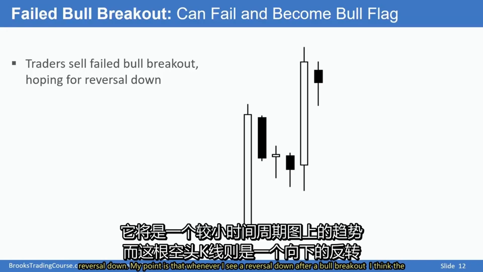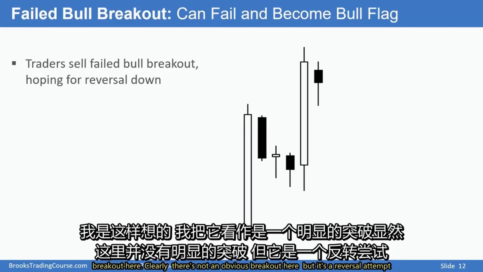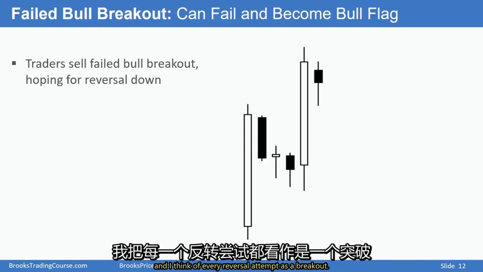My point is that whenever I see a reversal down after a bull breakout, I think the reversal down is a bear breakout. I think of every reversal attempt as a breakout.